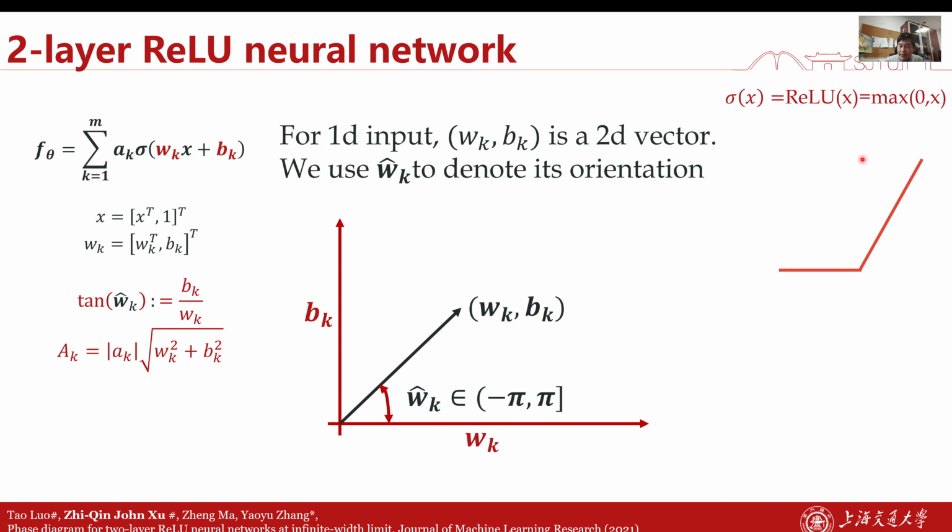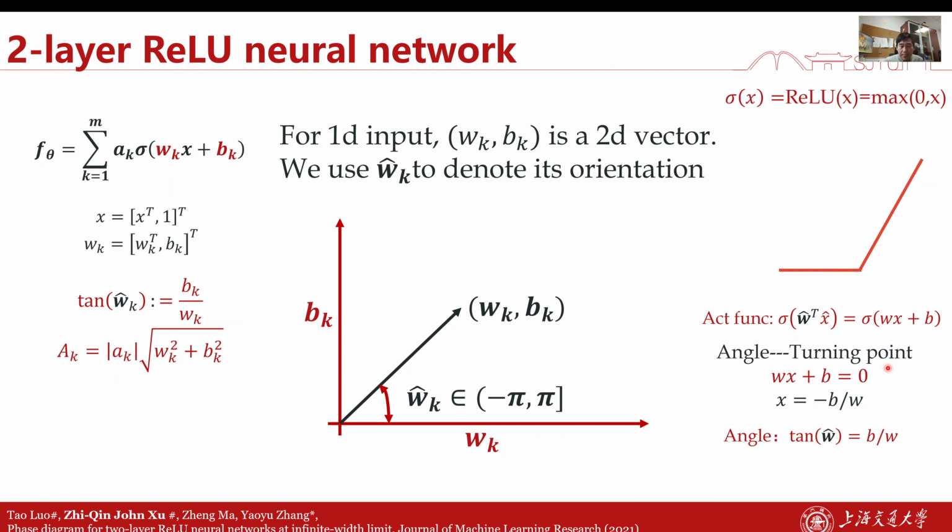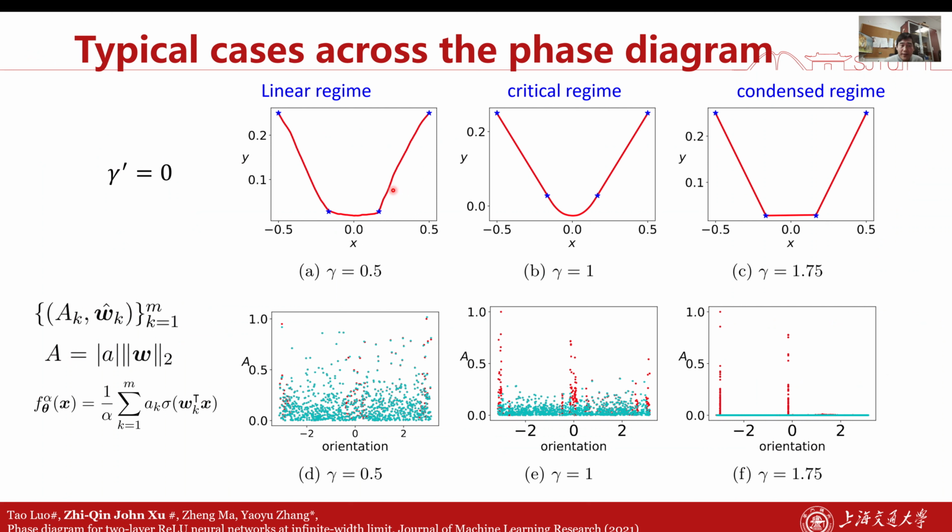For this ReLU activation function, the zero point is determined by x equals minus b over w. So each angle, each orientation, will determine a turning point. And as we have seen, the turning point is quite important. So now let's take a look at the previous 3 examples. For these 3 examples, gamma indicates the initialization scale: gamma small means large scale, and gamma large means small scale.